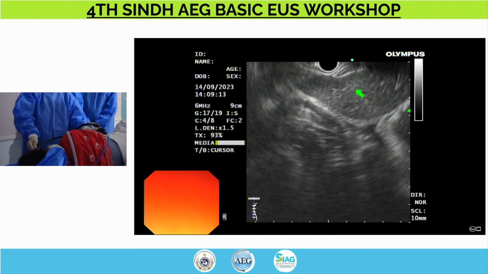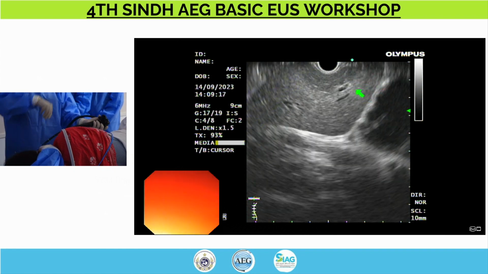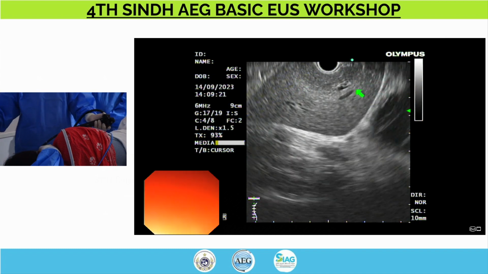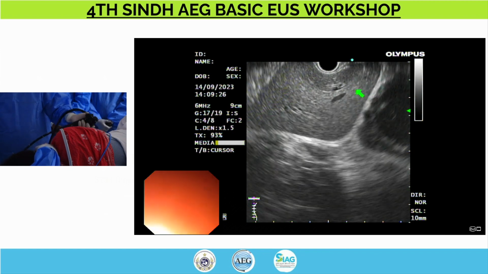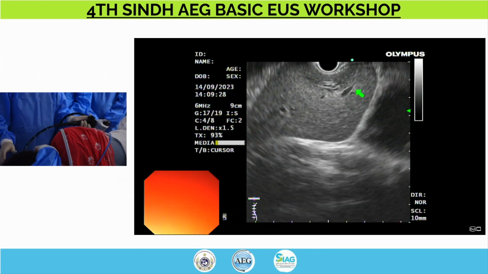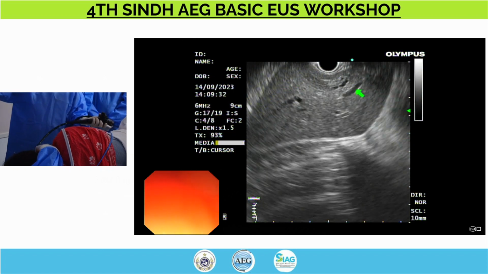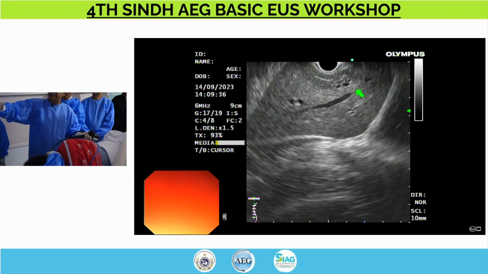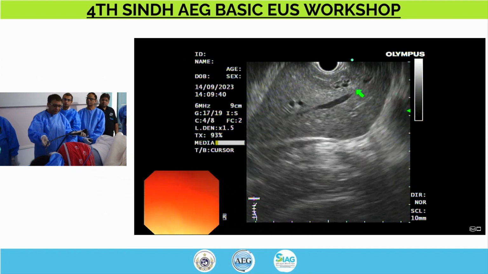I'll keep that in my view, just pulling the scope back, so that 2/3 of my liver is on the left side of the screen and 1/3 is on the right of the screen. So when that happens, scope is straight.